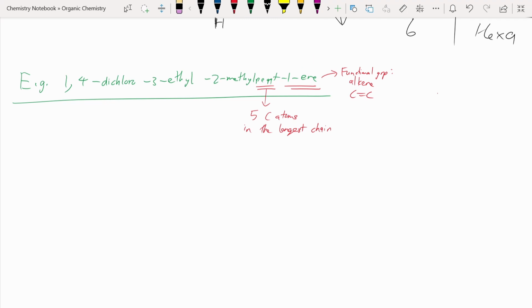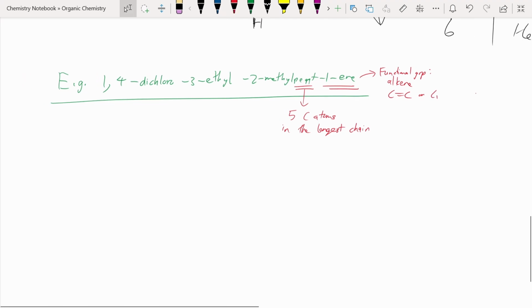So this is on carbon 1. And then for the prefix, there's this dichloro. Dichloro means that there are 2 chlorine atoms. So one is on carbon 1, another one is on carbon 4.